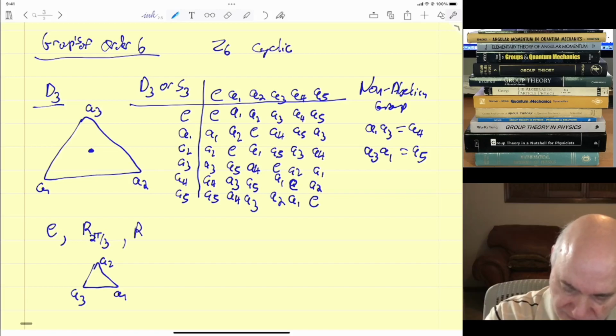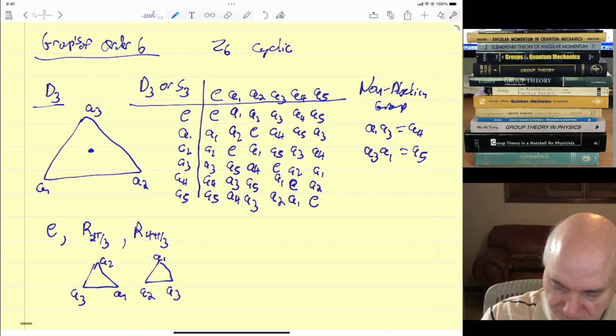I could do a rotation by 4 pi over 3, in which case I would get A3 here, A1 here, A2 here. And if I do another rotation, I get back to where I started, so that's not going to do anything.